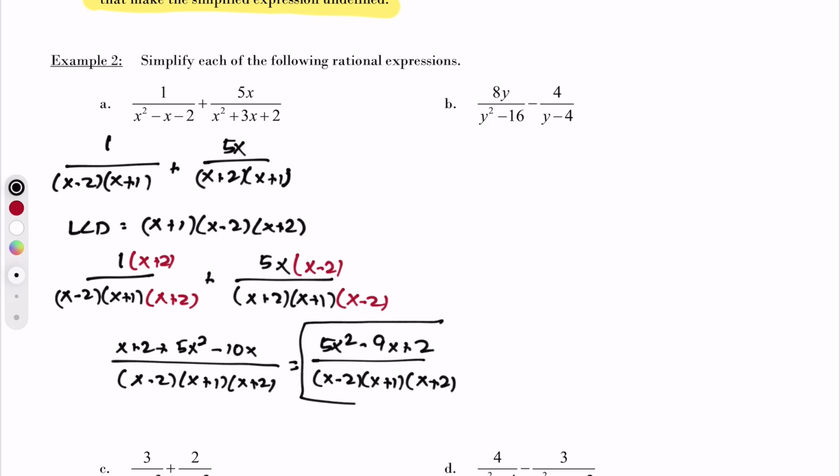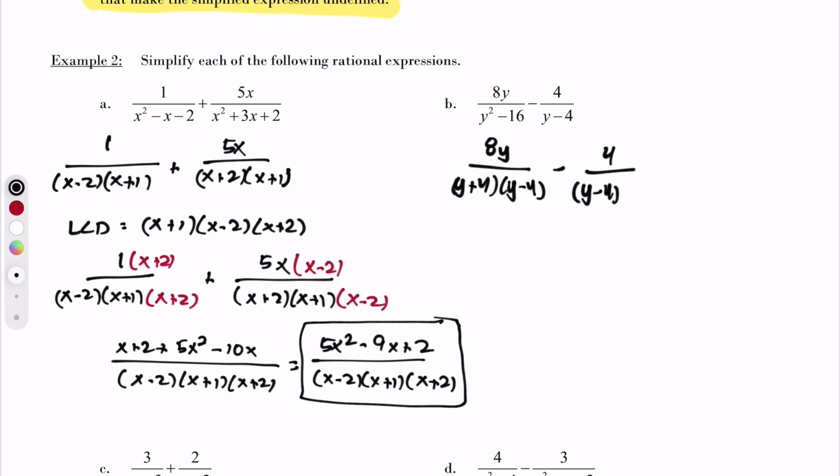Letter B. Let's look again. Start off with your denominators. What are the factors of the denominator? Well, I'm going to write this as 8y over (y plus 4)(y minus 4), and then minus 4 over just y minus 4.